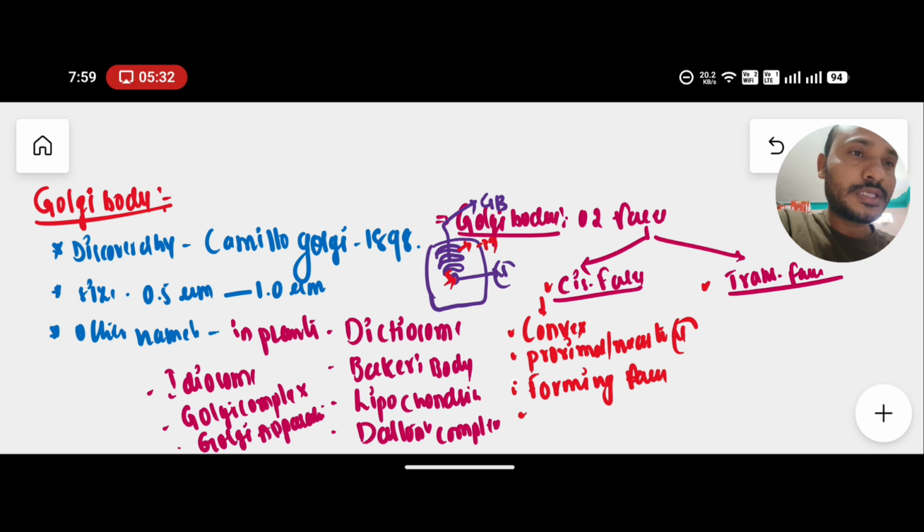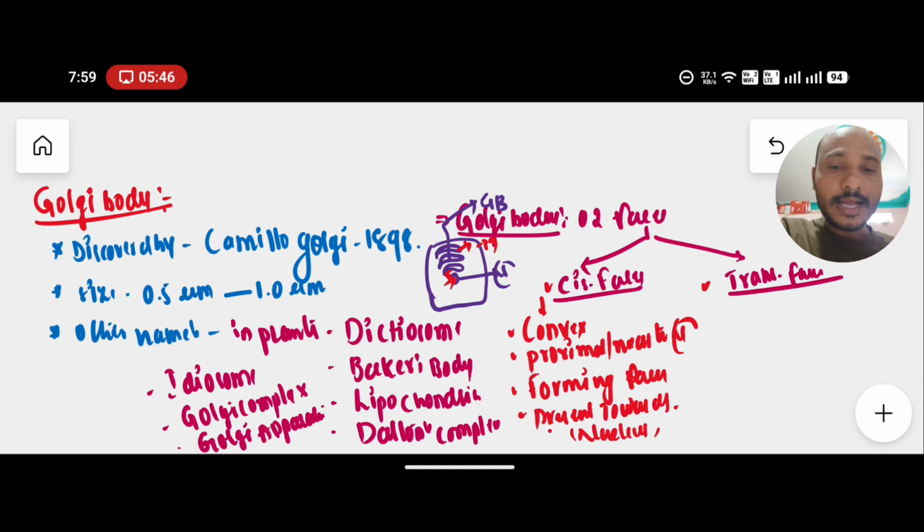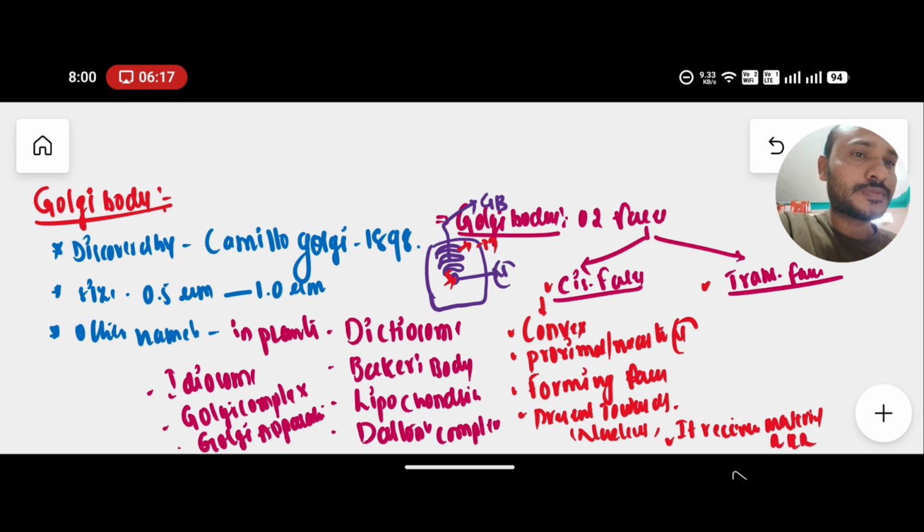Very important, this cis face plays the role of receiving material from the endoplasmic reticulum. Here I am writing: the cis face receives materials formed in the endoplasmic reticulum, like protein or lipid material. So this is all about the cis face of Golgi bodies.